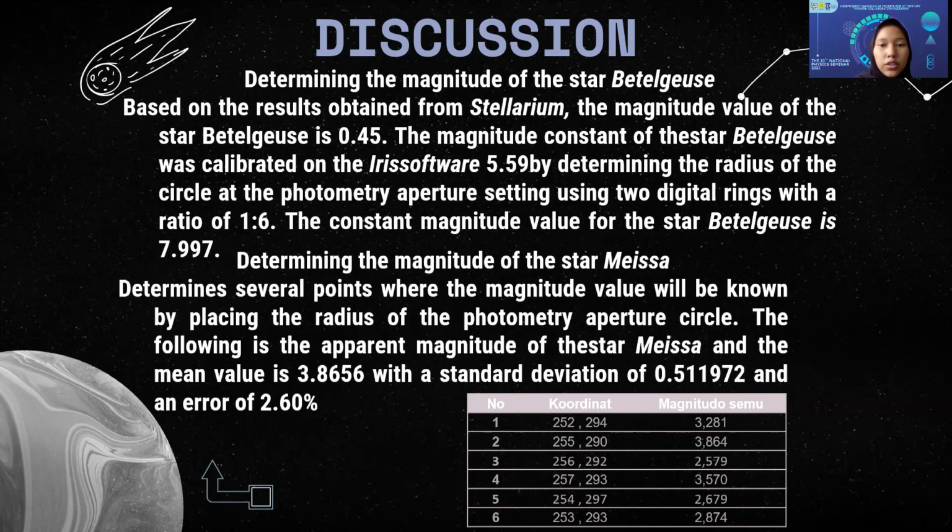Determining the magnitude of this Mesa star, we determine several points where the magnitude value will be known by placing the radius of the photometric aperture circle.